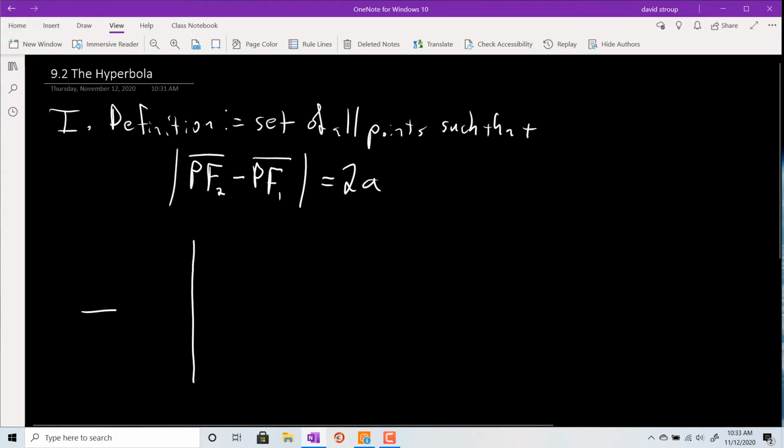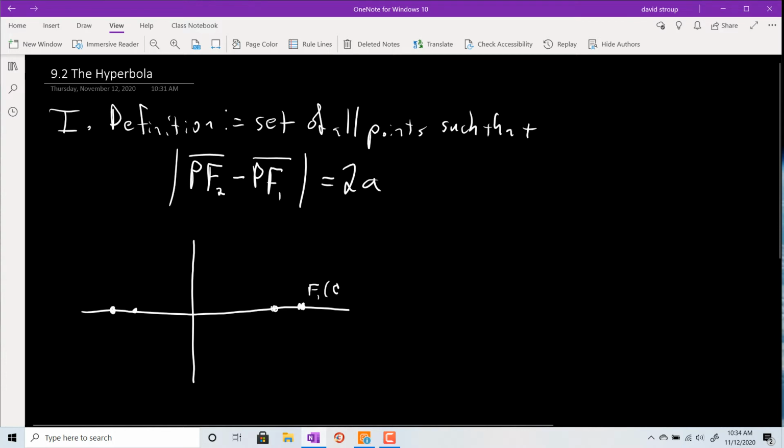So it's a lot like the ellipse in that you have two foci floating about. So you're going to have vertices again and foci. The weird thing about the foci here is that the foci are on the outside of the vertices. So for instance, maybe focus 1 still has the same letters associated with it.